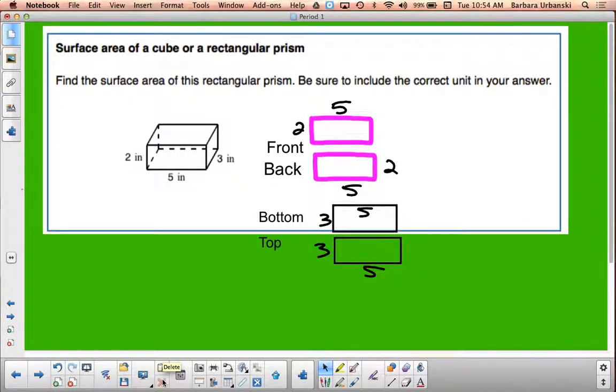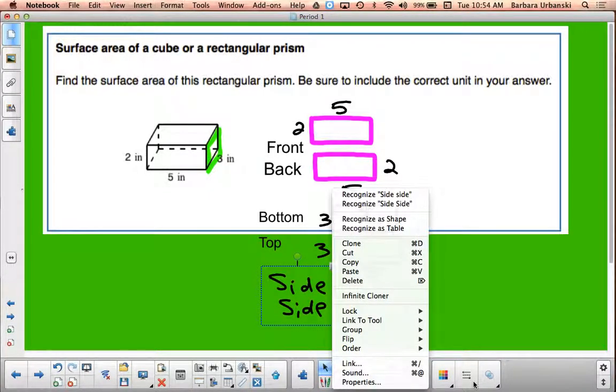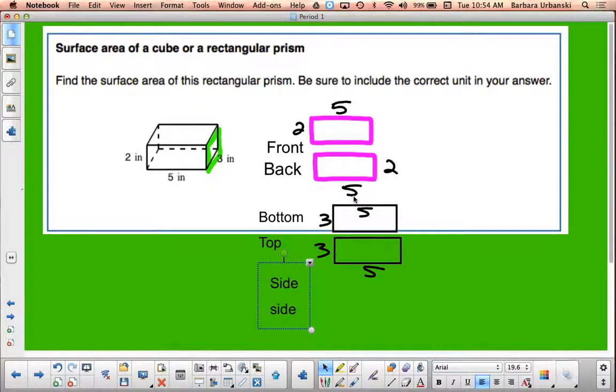Now we have to take a look at what would be the side measurements. Again, you need to make sure that you know exactly the measurements, and you're looking at what's right here. That might be a little difficult to look at, but we've got a side, and obviously how many sides do we have? We have 2 sides, so both of those measures would be the same. It doesn't have to be anything fancy. You could just draw 2 little rectangles.